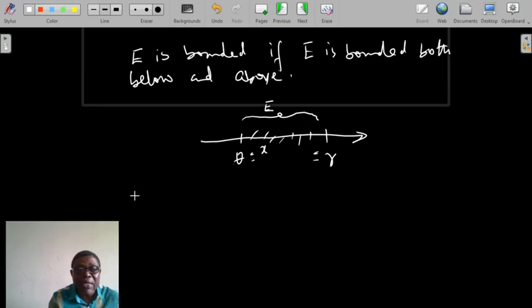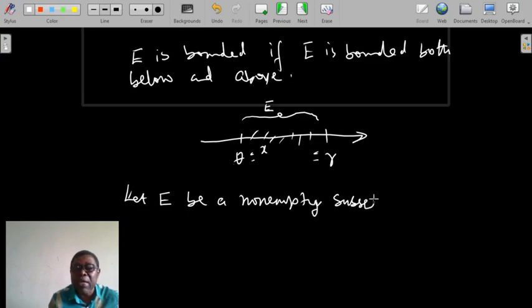Now, let E be a non-empty subset of R which is bounded above.